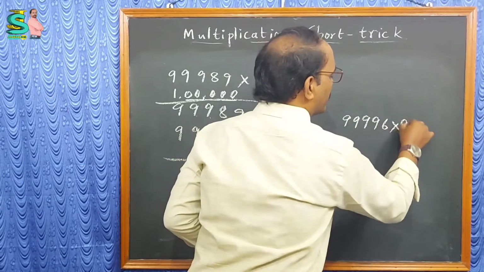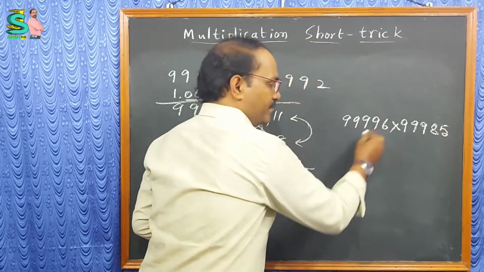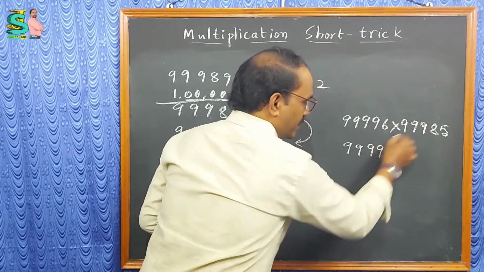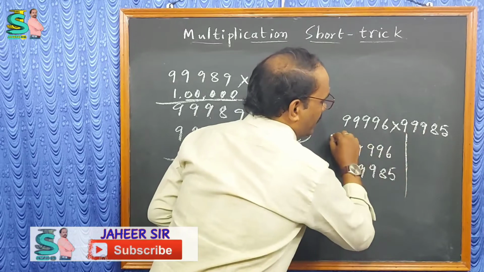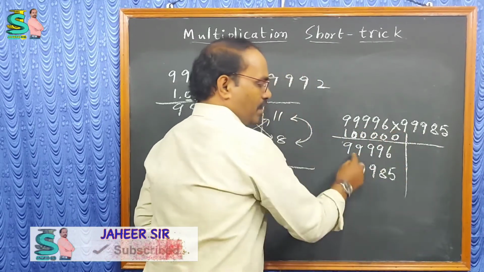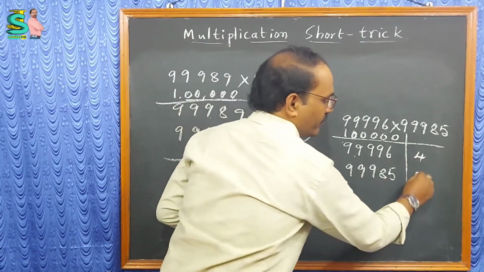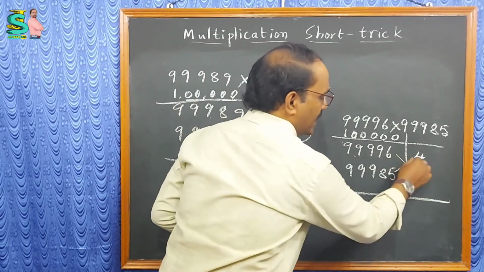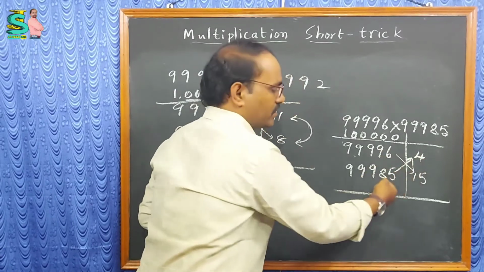99996 into 99985. This one is near to 1 lakh. How much? 4, and then here 15. Now subtraction like this. This subtraction is easier than this one.